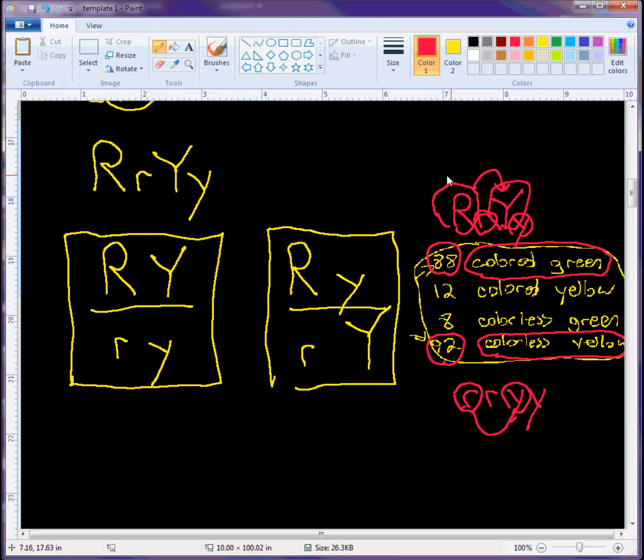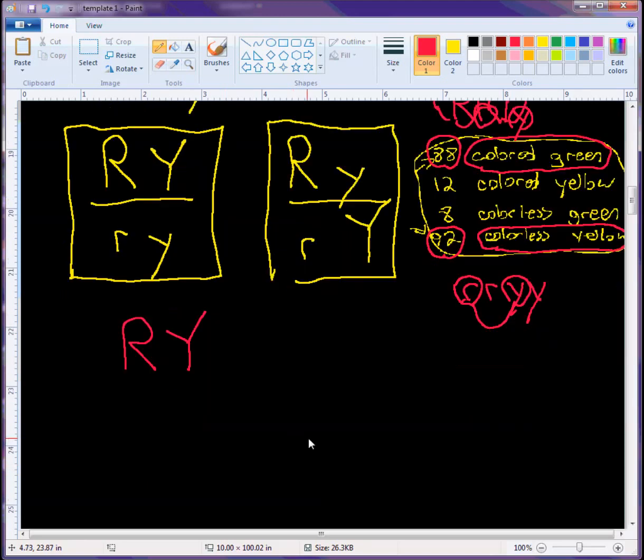So the big R is most often with the big Y, in the gamete I should say, from the unknown parent, and the little r is most often with the little y in the gamete from the unknown parent.